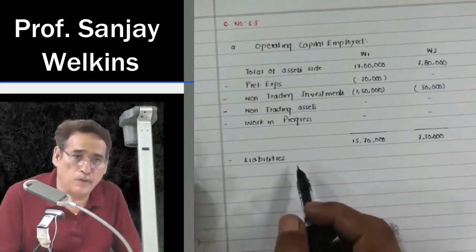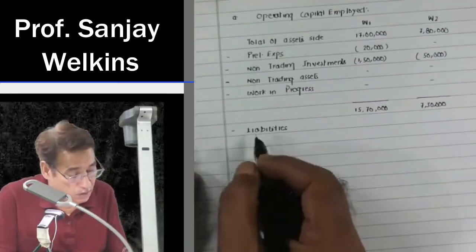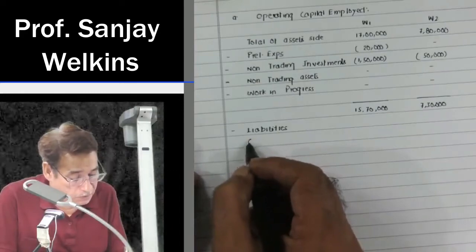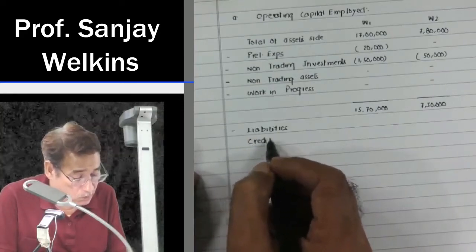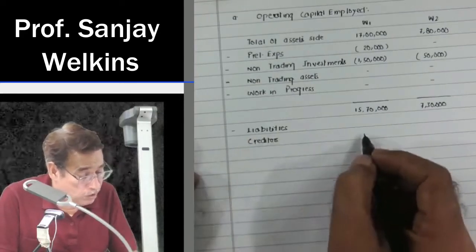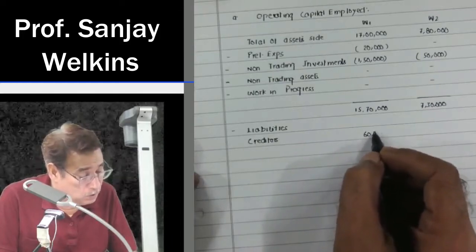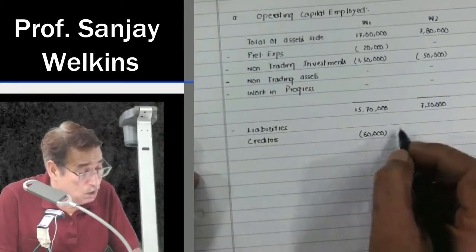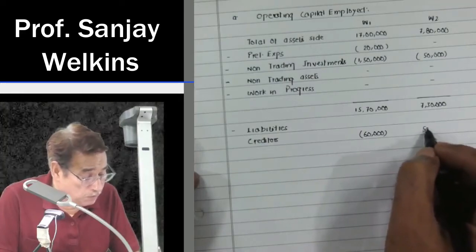In order to compute the capital employed, now I will subtract creditors. Creditors of W1 Limited are 60,000, and of W2 Limited 50,000.